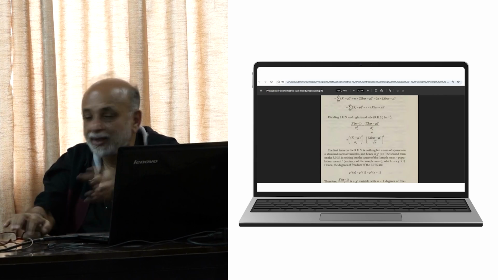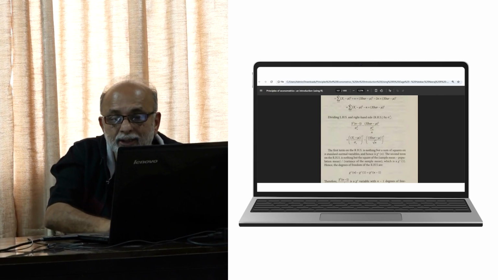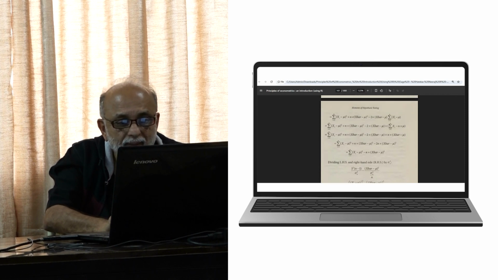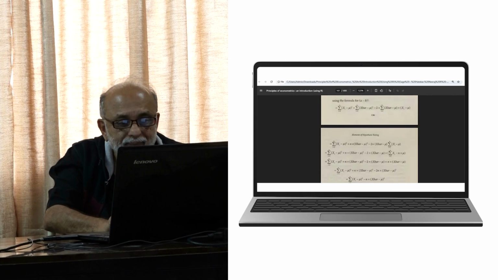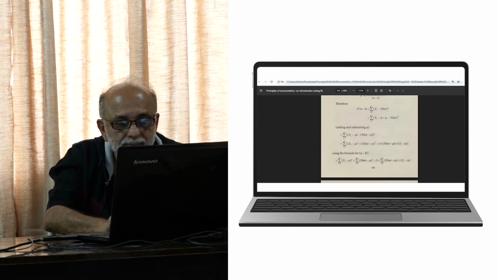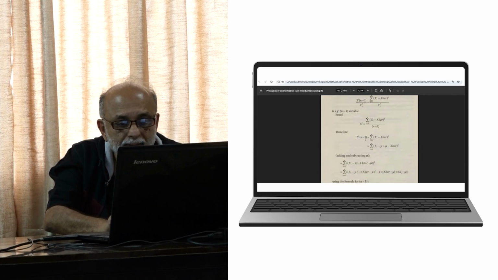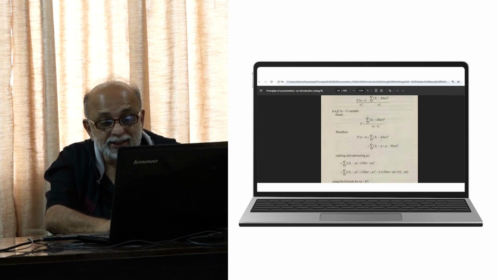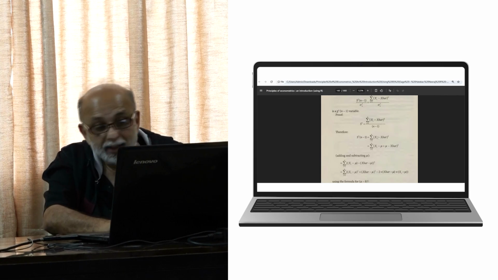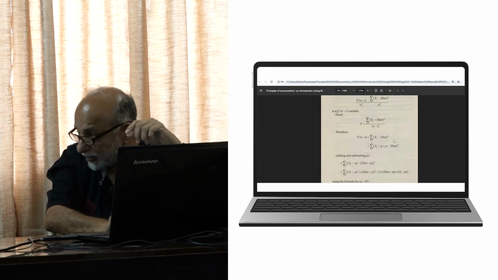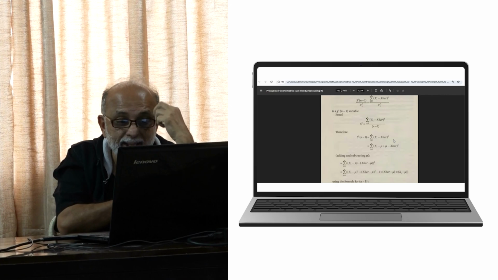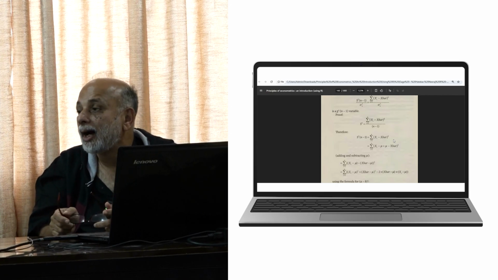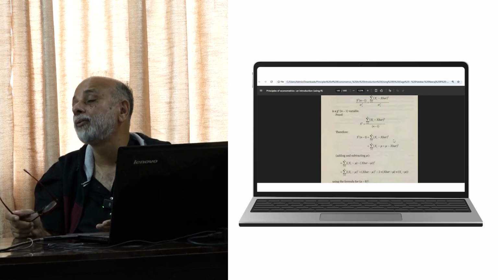Actually, you don't even need the rest of this proof, right? If you're intuitive enough, just look at this. S square into n minus 1 is summation xi minus x bar square, divided by sigma square. So you get summation xi minus x bar upon sigma, right? How many such independent deviations from the mean are there?